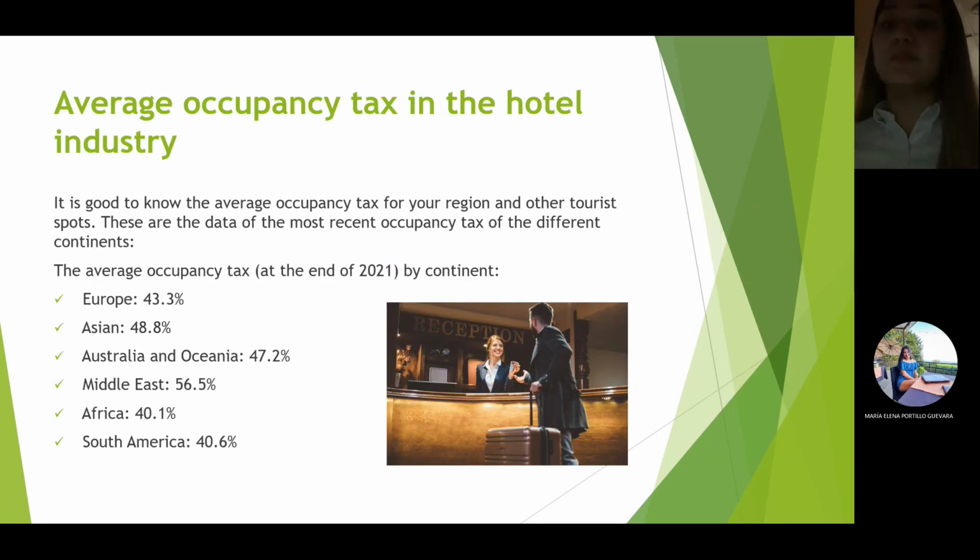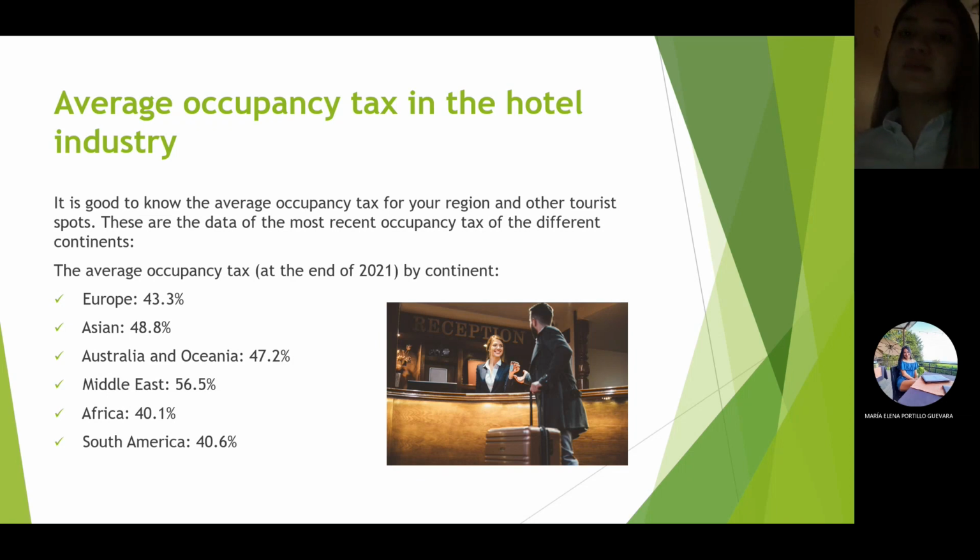So, average occupancy tax in the hotel industry. It is good to know the average occupancy tax for your region and other touring spots. These are data of the most recent occupancy tax of the different continents.